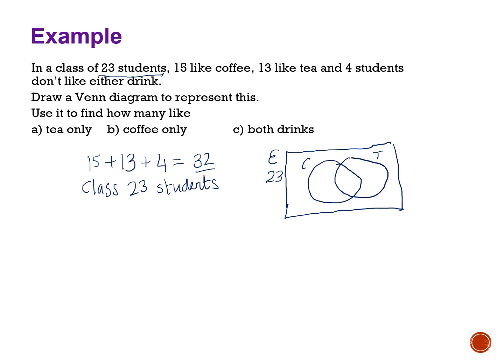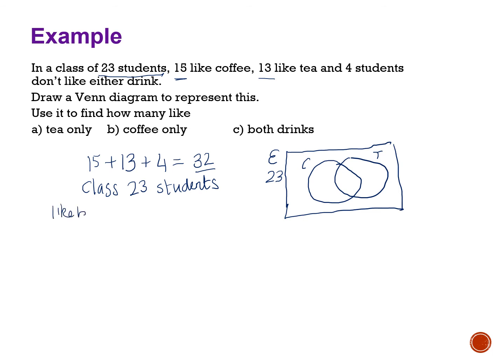So what that tells me is some of the students have been counted twice, and those students are the ones that are in the intersection. Okay, because they're in the intersection, they've been counted twice in effect because they like coffee, so they're in that 15. They like tea, they're in that 13 as well. So let's work out how many are in the intersection.